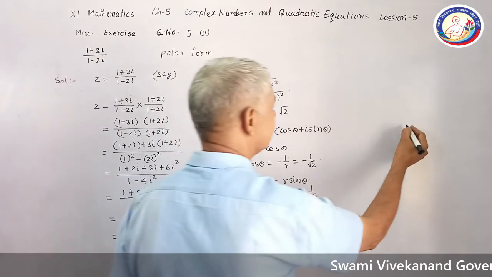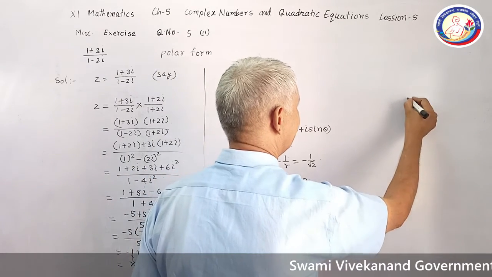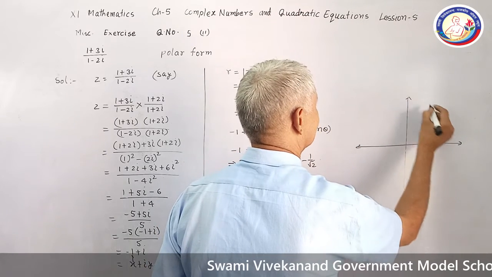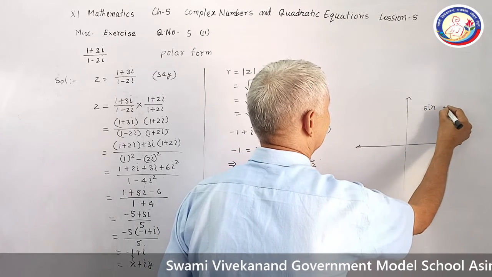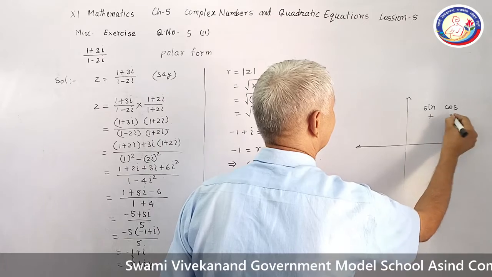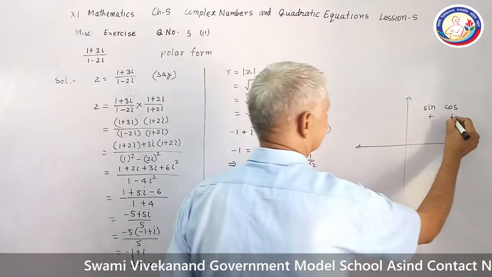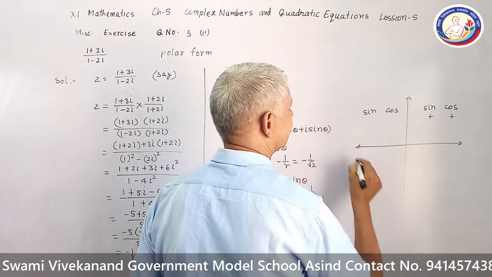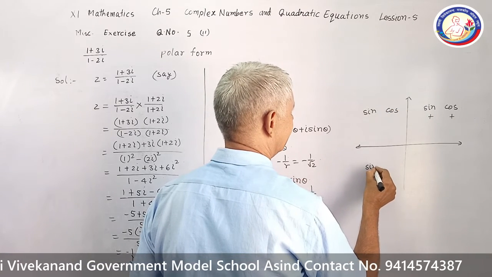So what will we do? There are 4 quadrants. Here sine and cosine both are positive. Here sine and cosine. Here also sine and cosine.